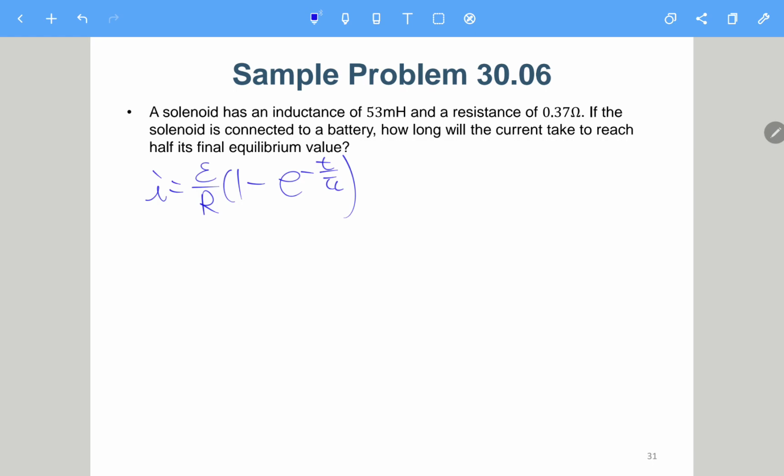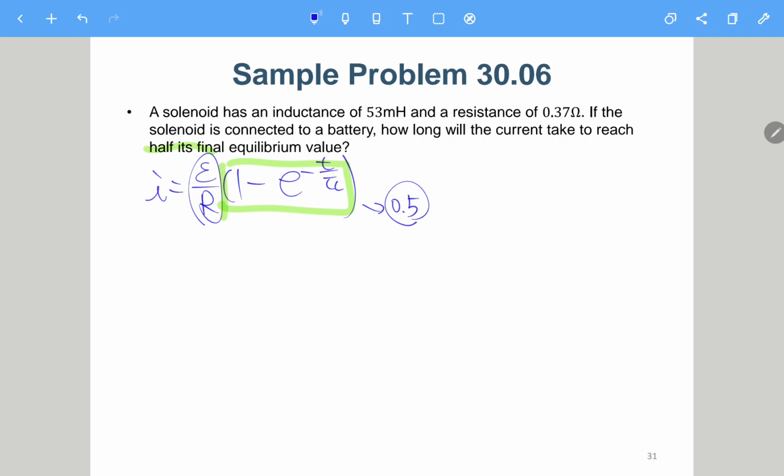The equilibrium value is E over R. Actually, we don't really care about what this value is, as much as we want to know how long it takes for the current to reach half of its equilibrium value, which means that this factor should be 0.5. So we don't care about what E or R is.